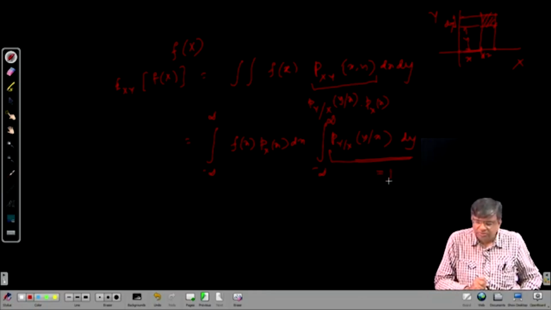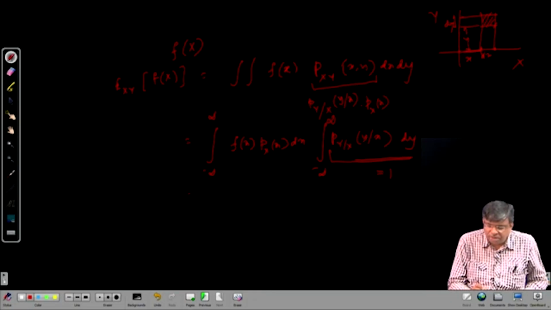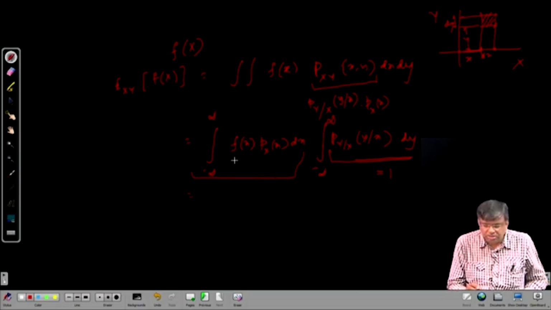So, this is equal to 1, and therefore I am left with only this much, and this is nothing but the original function of random variable x multiplied by its probability density and integrated from minus infinity to infinity. That is the expected value, if you go back to the definition, of the same function with respect to f x.